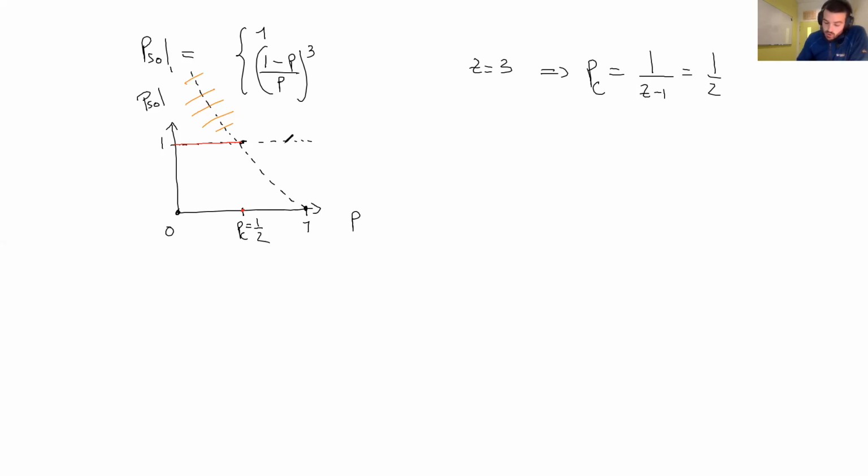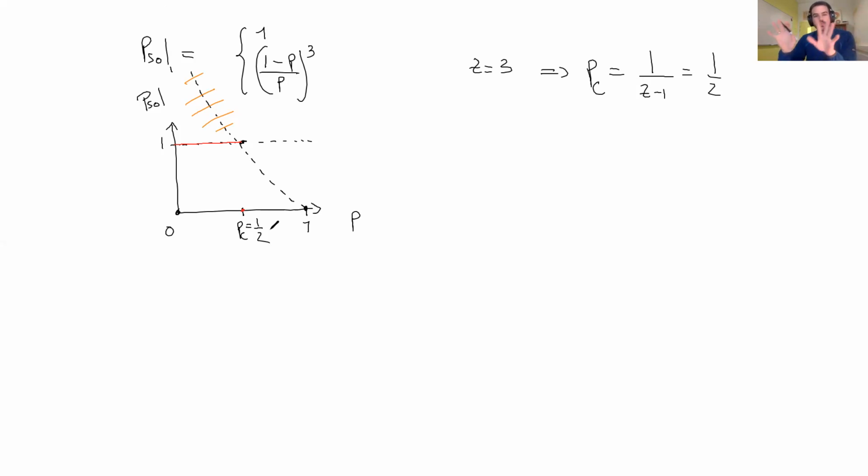And then now above this critical point, you start to have two solutions. So now think about stat-phys problems and Ising models. You start to have a magnetization that appears. And there is one stable solution with a finite magnetization and one unstable solution with no magnetization. That's exactly the same phenomenology.